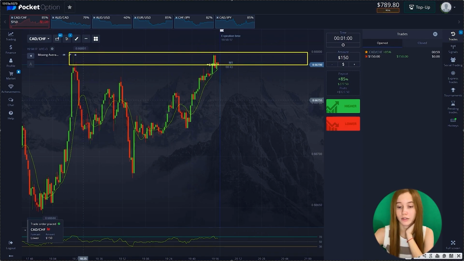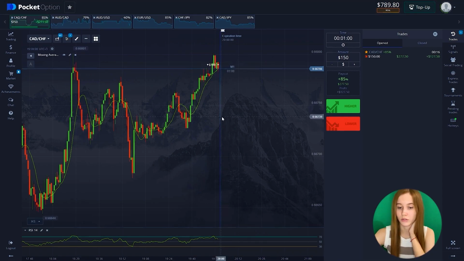Because we see we reached the resistance level, its second stage. The moving average indicator does not show this at the moment, but the RSI indicator shows this relatively. If we take a closer look at the moving average, it is directed slightly downward.